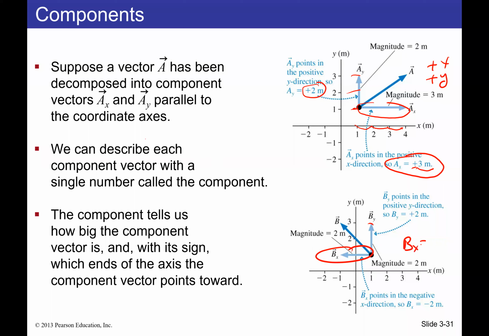So Bx is negative 2 meters, negative indicating it's pointing to the left, and By is positive 2 meters, indicating it's pointing upward. Remember the second quadrant: plus y, but minus x. That means a positive y component and a negative x component, which matches the signs of x and y.